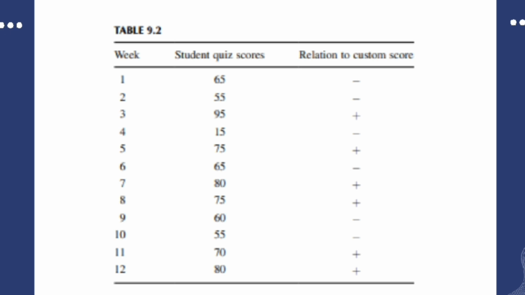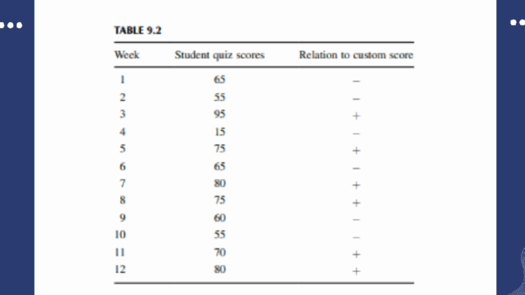We can see in week 1 the score is 65, so it is negative since our custom value is 69.9. It is below 69.9, so negative. Then in week 2, 55, so negative. Then in week 3, 95, so positive. Week 4, 15, so negative. Week 5, 75, so positive.